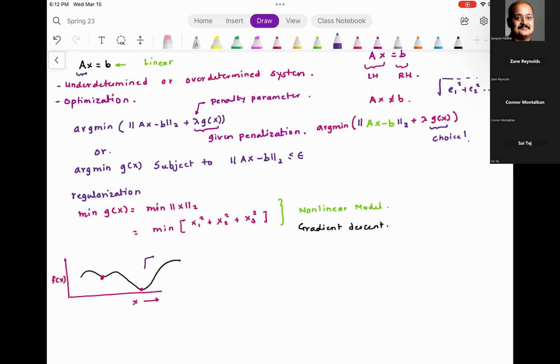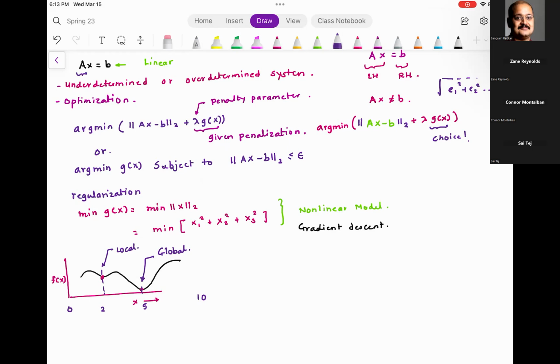This is the global minimum. So across the domain, say from x equal to 0 to x equal to 10, the function f of x is the least at this point. And let me say this point is at 5. And this is a local minimum, which means the function is minimum here, but this is not the absolute minimum.